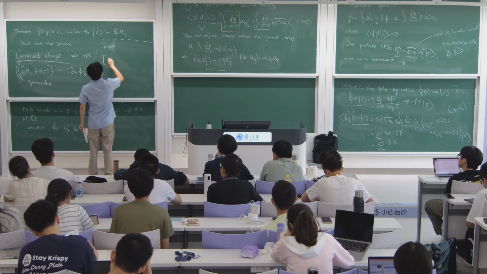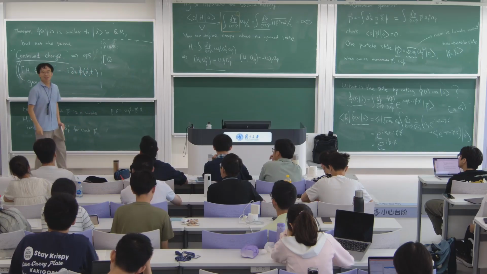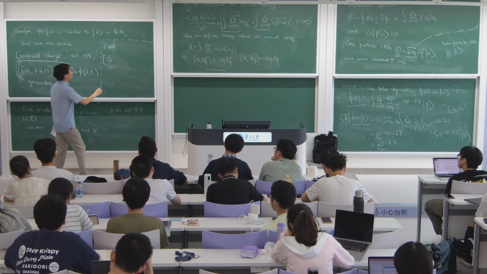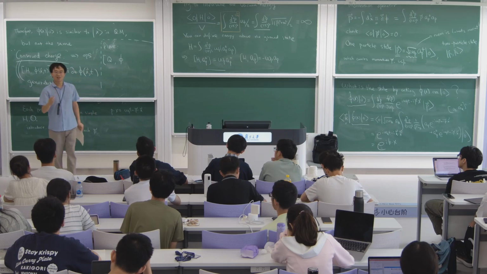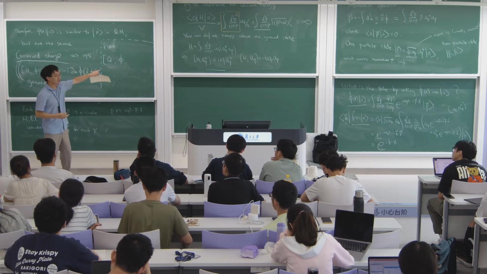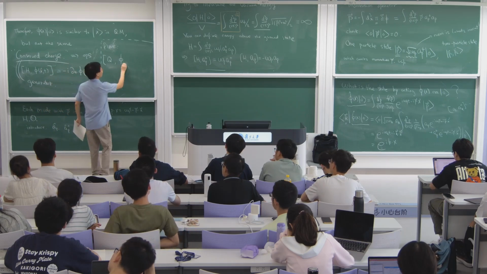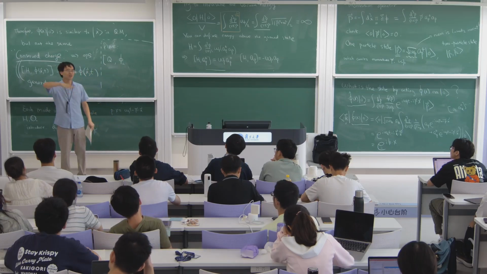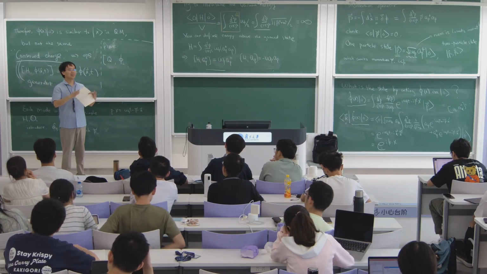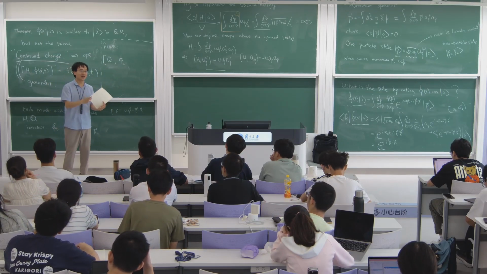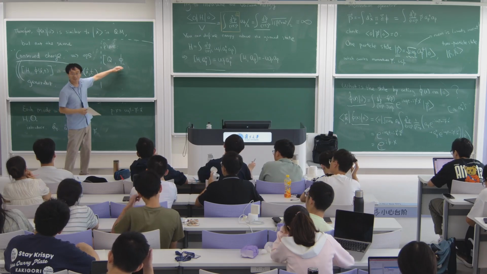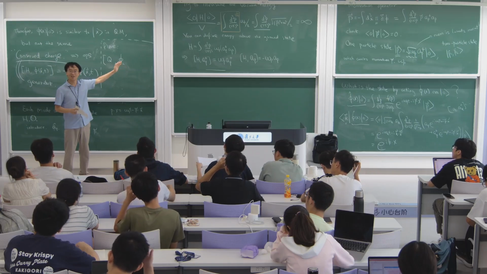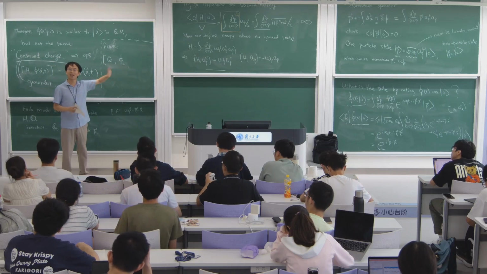For any conserved charge, remember that when we proved the other theorem, we used some elementary field phi, or phi A if you want, a bunch of fields. We first defined the symmetry transformation of this phi, and then derived that there must exist a conserved charge Q. So here, everything is general, not restricted to some particular symmetry.